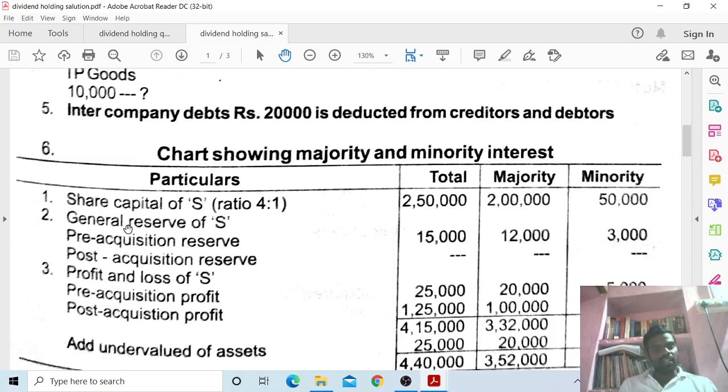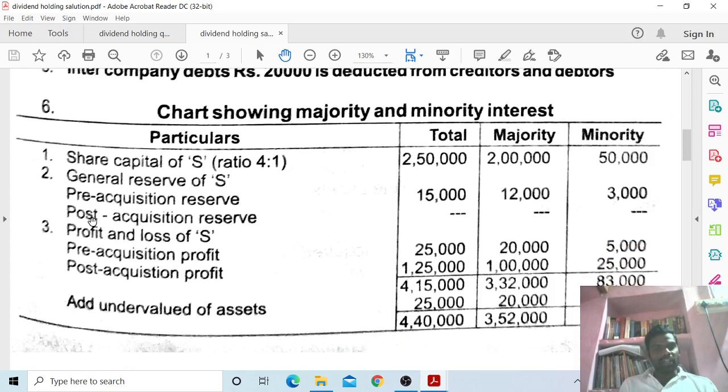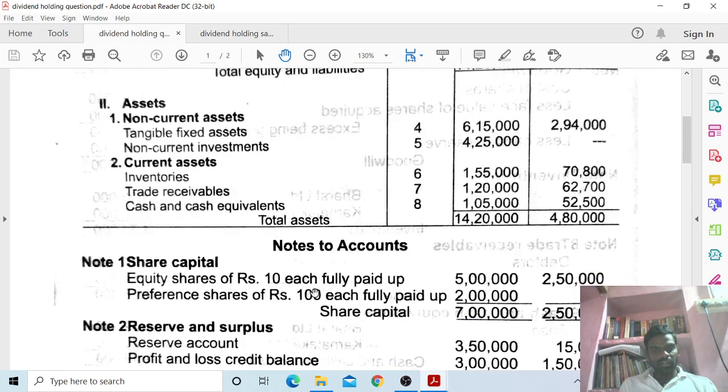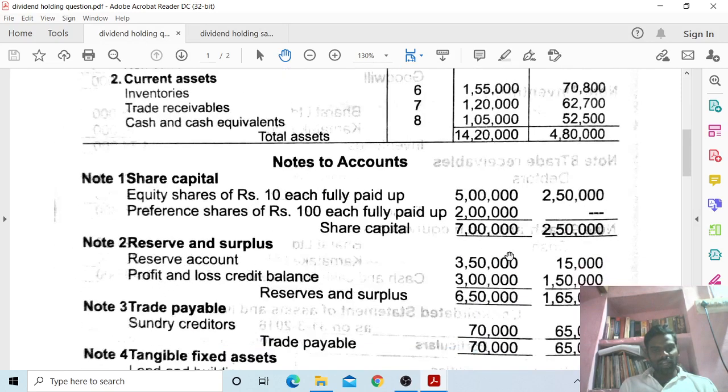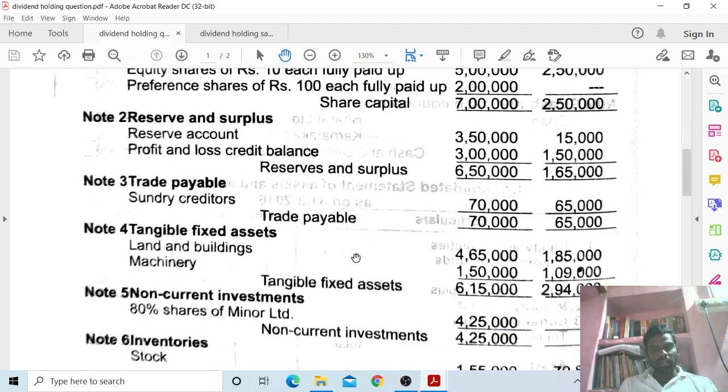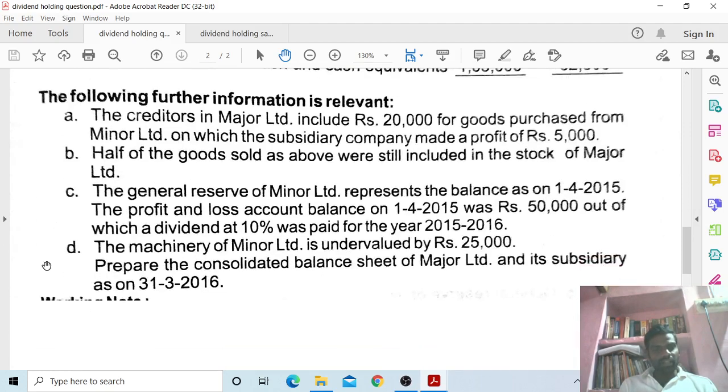Next, general reserve of the subsidiary company or minor company. So you have to take pre-acquisition reserve. Pre-acquisition reserve is 15,000, because it is a reserve included in the adjustment.